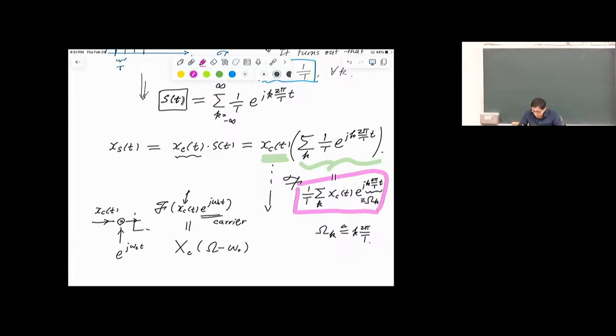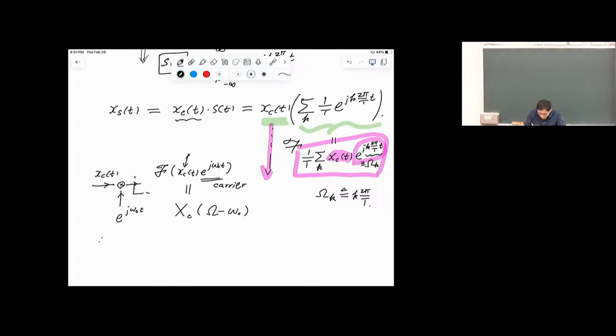What we have inside here is multiplication of our signal with the complex exponential. So now, after taking the Fourier transform of the result of this summation, we know that, therefore, the Fourier transform of this x s of t, which is right here, our signal.